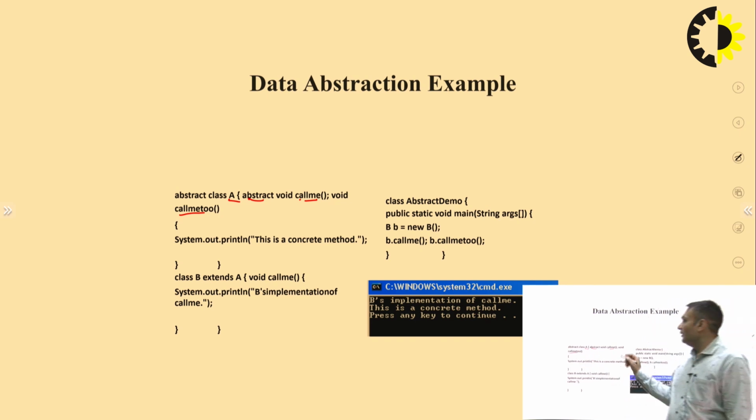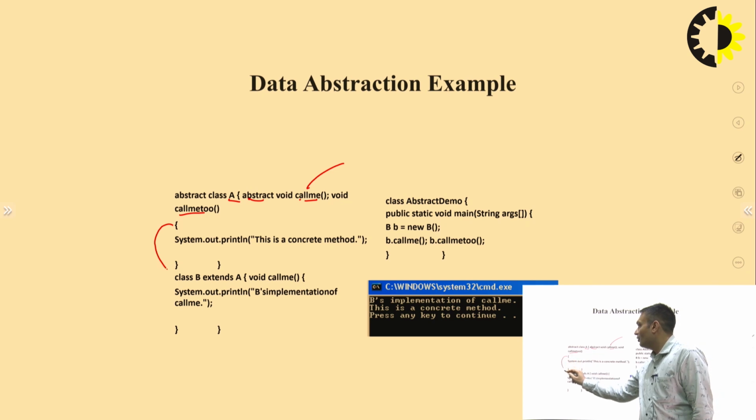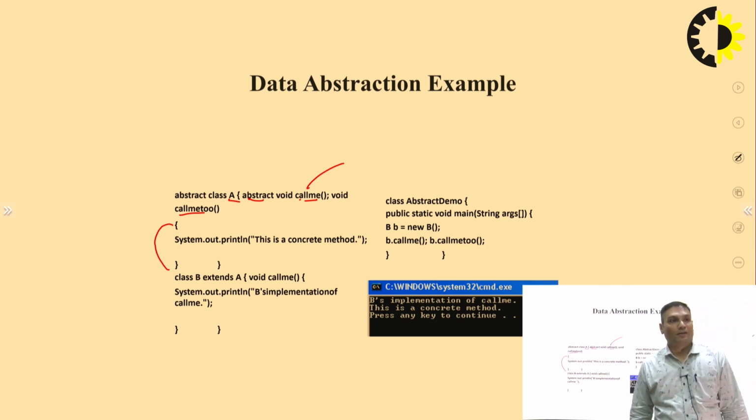So you can see that there is no body for callme, and there is a body for callme too, because this method is not abstract. So an abstract class can have methods that are abstract or methods that are not abstract.